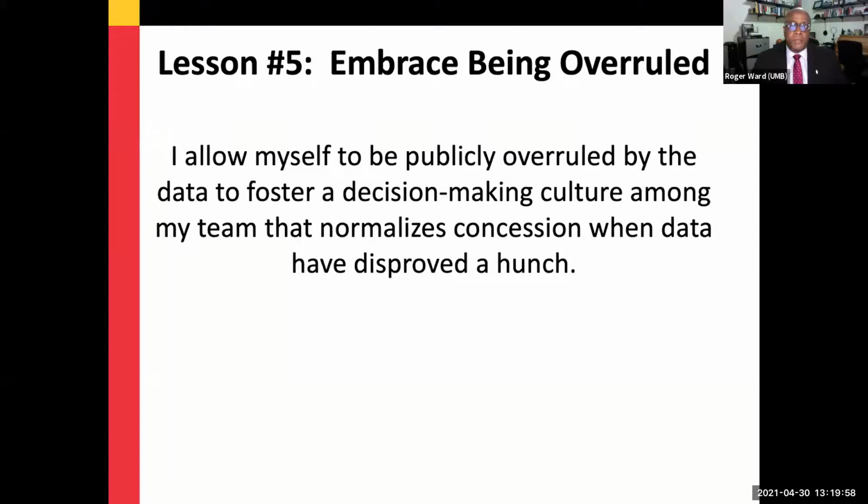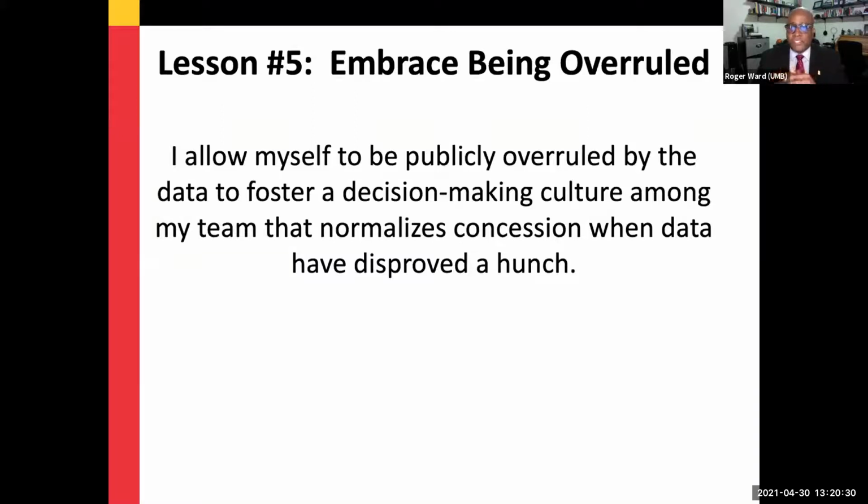And then the next to last lesson is I always allow myself to be publicly overruled by the data. I have ideas, I have assumptions about things, but I empower my team as a part of the decision-making process, as a part of the strategy-making process, to probe the data, gather data, seek the data out.